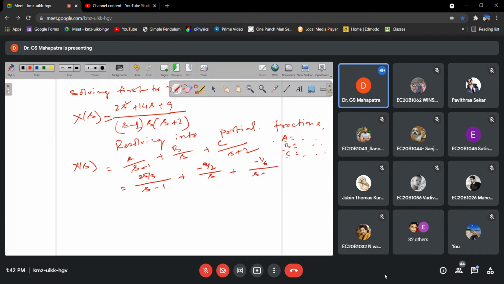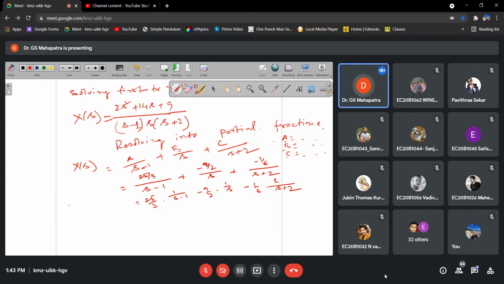So X of s is 25 by 3 into 1 by (s minus 1), minus 9 by 2 into 1 by (s plus 1), minus 11 by 6 into 1 by (s plus 2). All are standard ones.